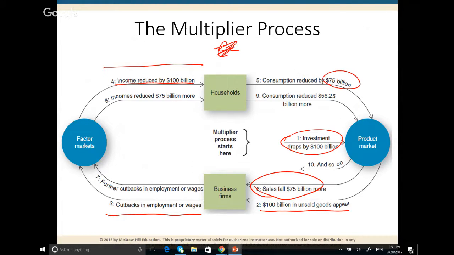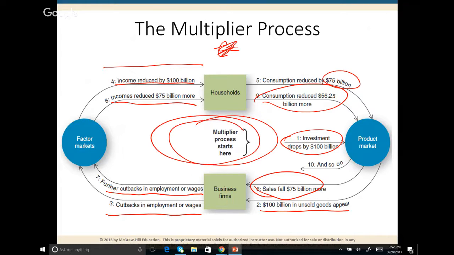So sales go down by $75 billion. They'll cut back even more on employment and wages, and then our income goes even lower. And then for the next level, our consumption goes down even more. So this keeps going until it stops at the very last step. But this all started with $100 billion less of investment. So this is called a multiplier effect, also called a ripple effect. So one little drop in investment causes multiple ripples in the economy.